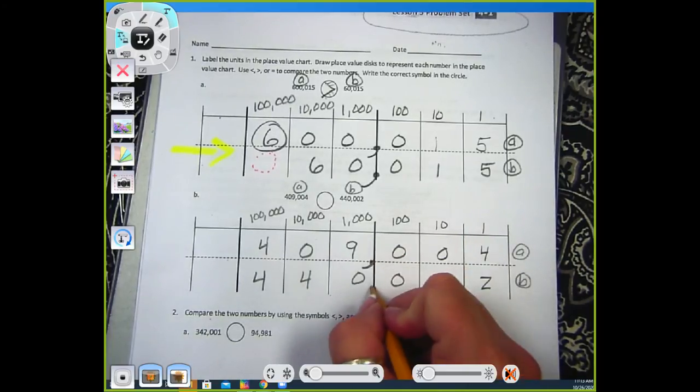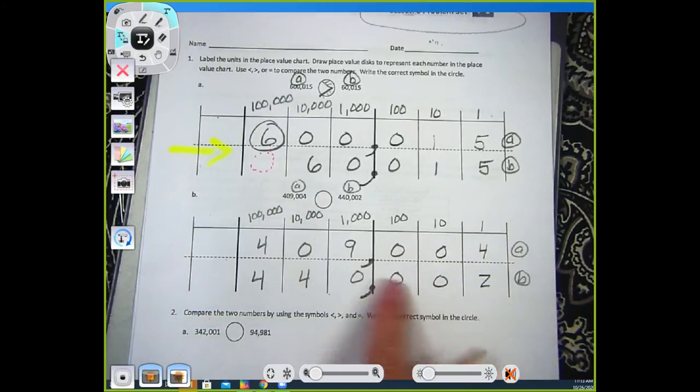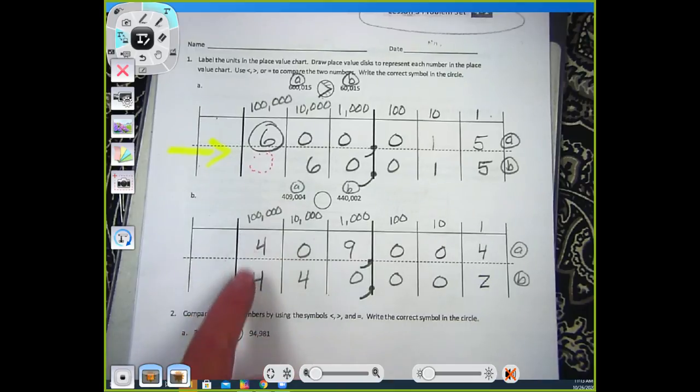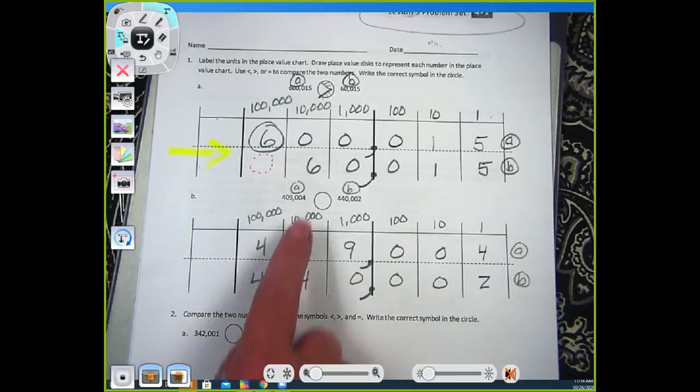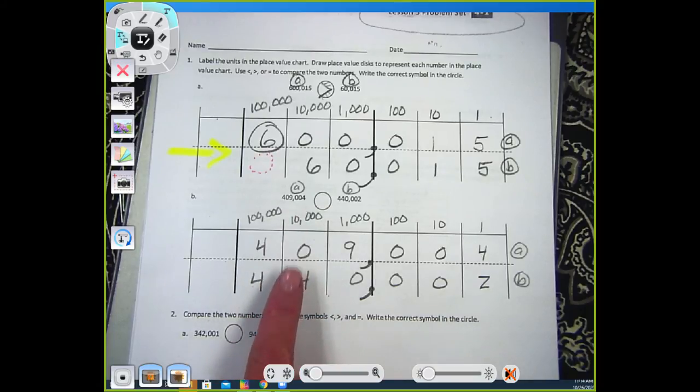Need my commas when I go from my ones period to my thousands period. Calvary, what do you notice about my 100,000 spot? They're both 4s. Yeah, they're both the same. So now I need to look at my 10,000 spot. Amy, what do you notice about my 10,000 spot?